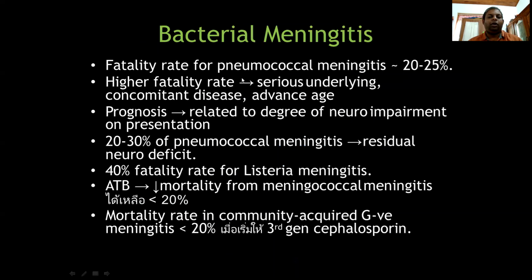Fatality rate for pneumococcal meningitis is high, 20 to 25%. Higher fatality rate with serious underlying concomitant disease and advanced age, affecting prognosis. With pneumococcal meningitis, residual neurological defect is always associated. That's a problem. About fatality, compared to pneumococcal meningitis, listeria is also high.